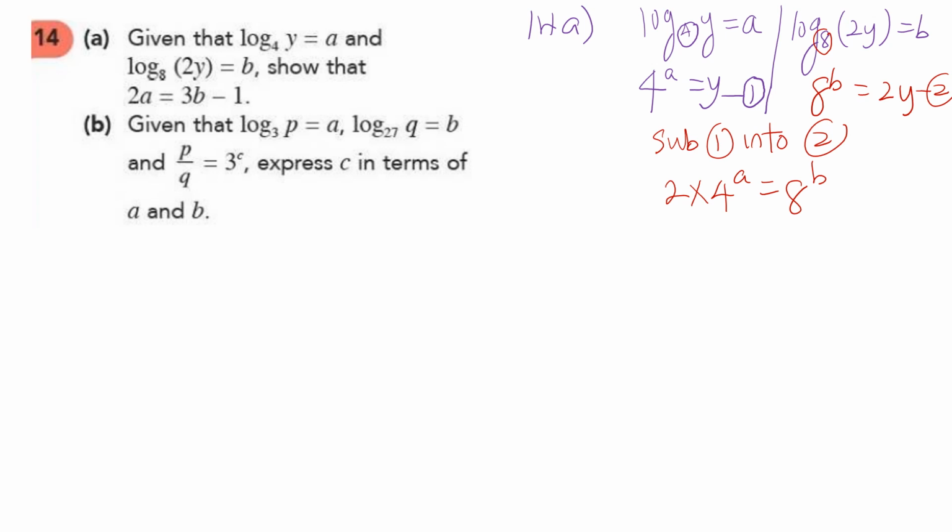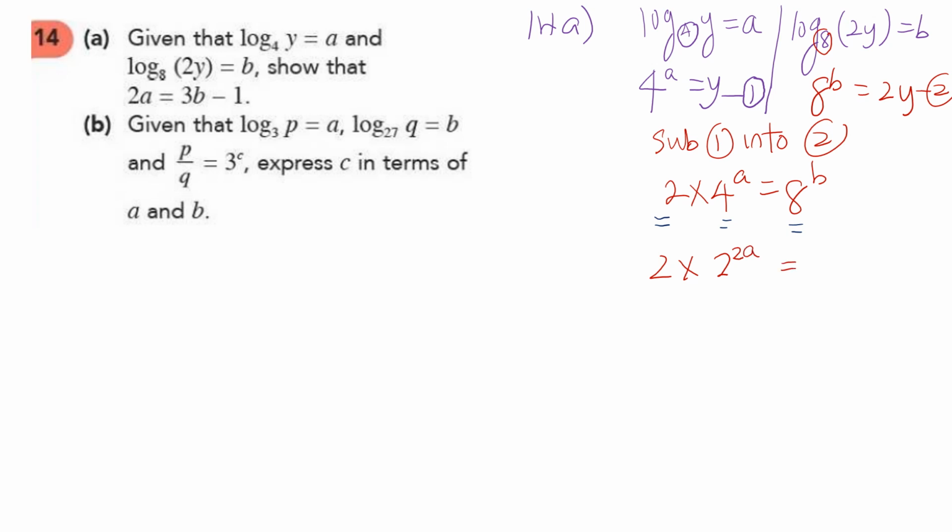Right, so the next question you need to ask yourself is, this number 2, number 4, and number 8, how are they actually connected to one another? Yes, so we can write 4 as 2 to the power of 2. So that gives us 2 to the power of 2a.